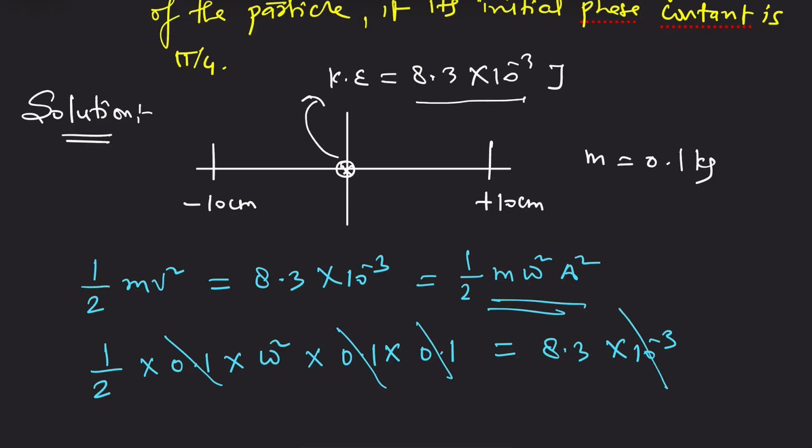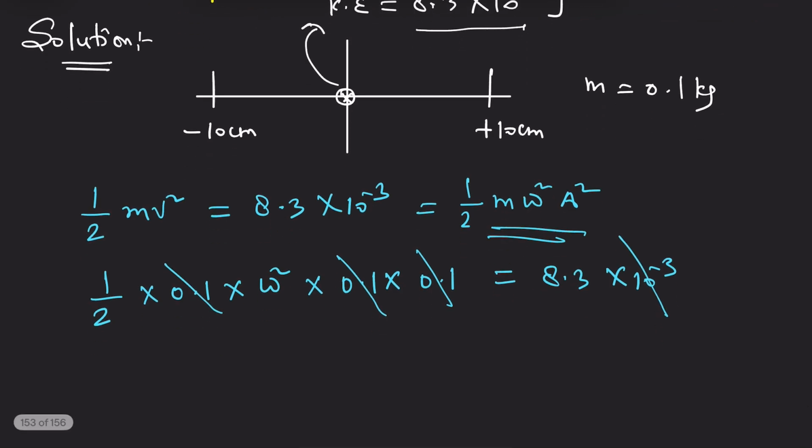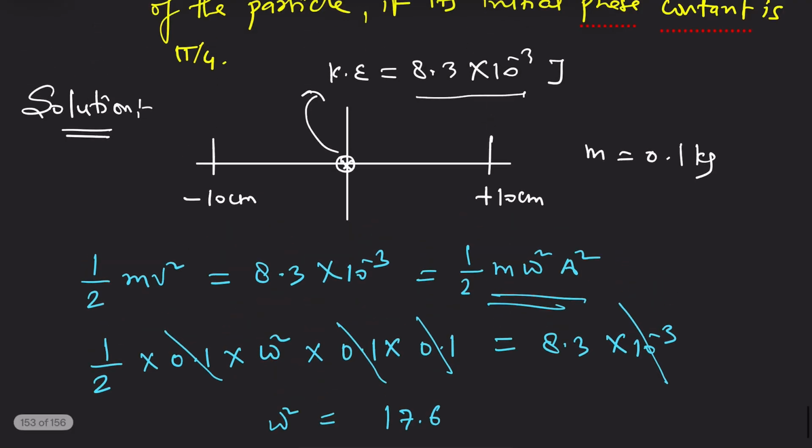So what we have is omega square is equal to, everything looks fine, this will be 17.6, that is your omega square.